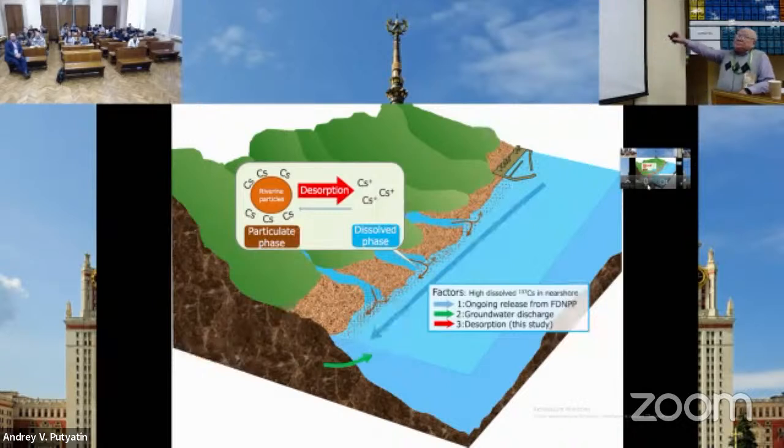Therefore, there is a jump in the distribution between solid and liquid phase of radiocesium. Radiocesium is seriously remobilized on the border between river and ocean. And this, of course, temporarily increases the cesium concentration in the coastal waters.